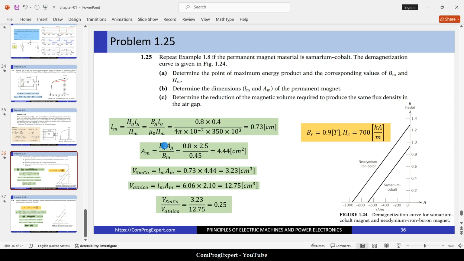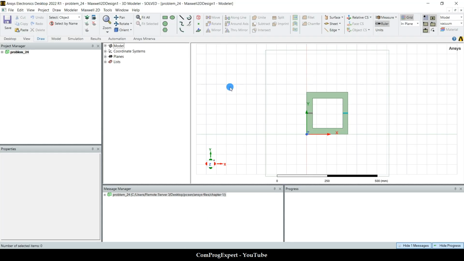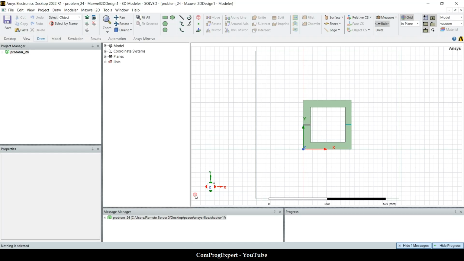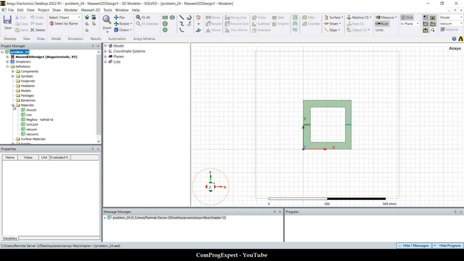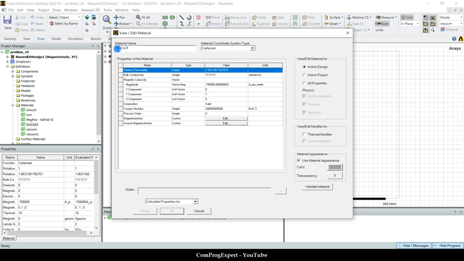So let's repeat the analysis in the ANSYS Maxwell software, considering a new material. I have found this material. You can pick it up from the library of the ANSYS Maxwell. Samarium cobalt 24.